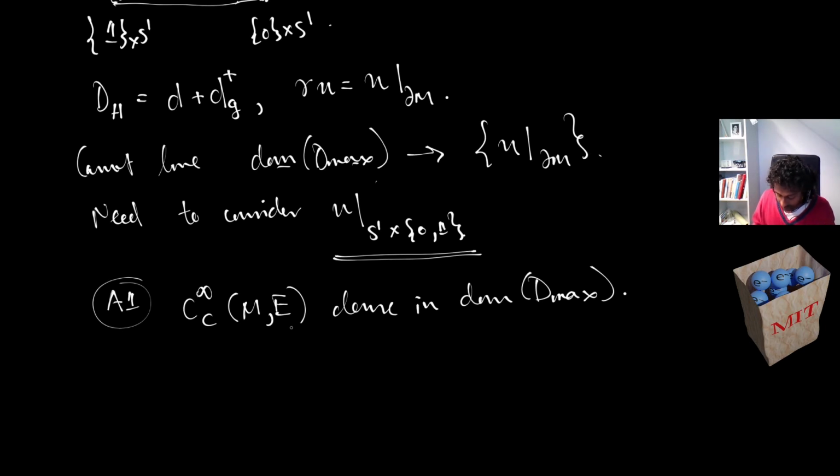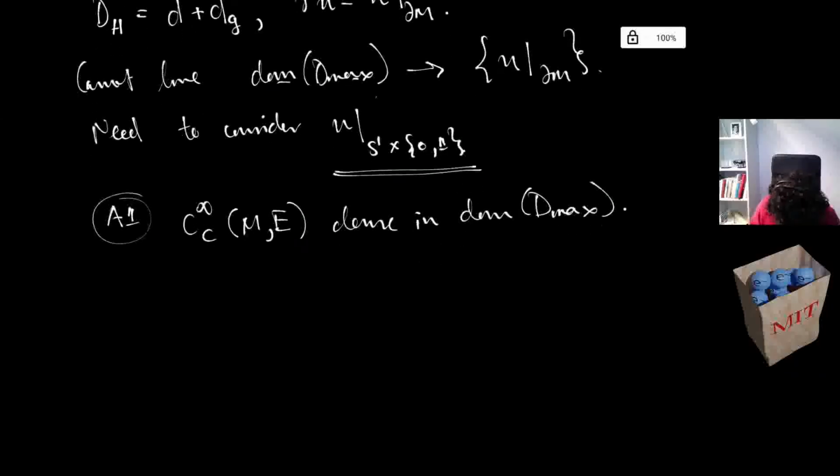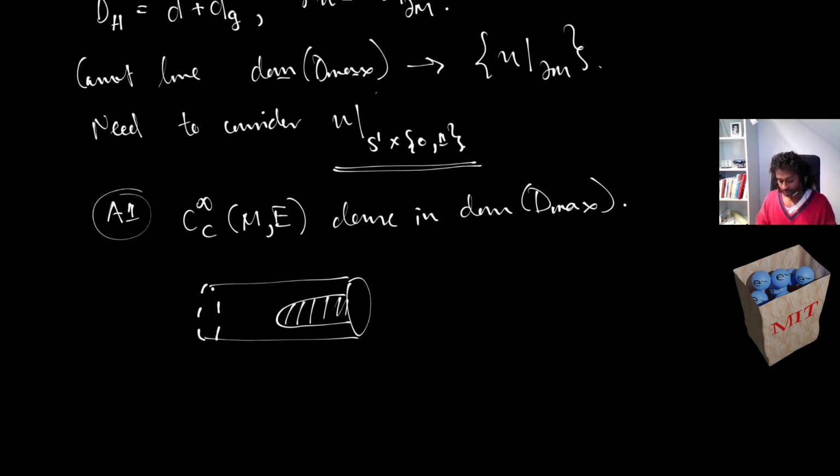Clearly, C infinity_c(M, E) is not going to be dense in dom D max here, because we have this piece here and we can never reach this piece, right? So here we're really looking at sections which are supported, say, here. But it's always going to be 0 here, right? But we could have sections in dom D max.